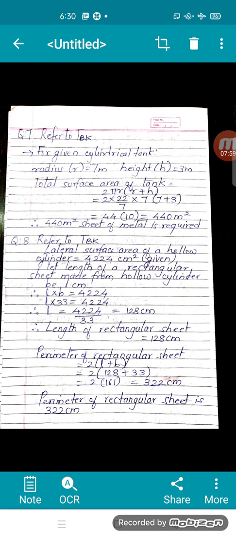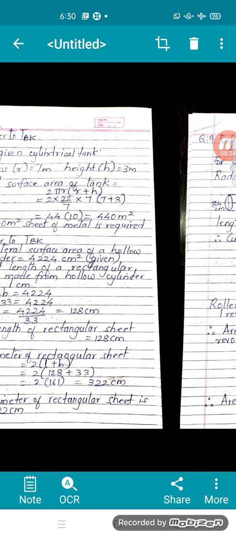So L into B is equal to 4224. So L into 33 will be 4224. So L will be 128 centimeter. Length of the rectangular sheet will be 128 centimeter. And then we find out the perimeter. So perimeter is 322 centimeter.